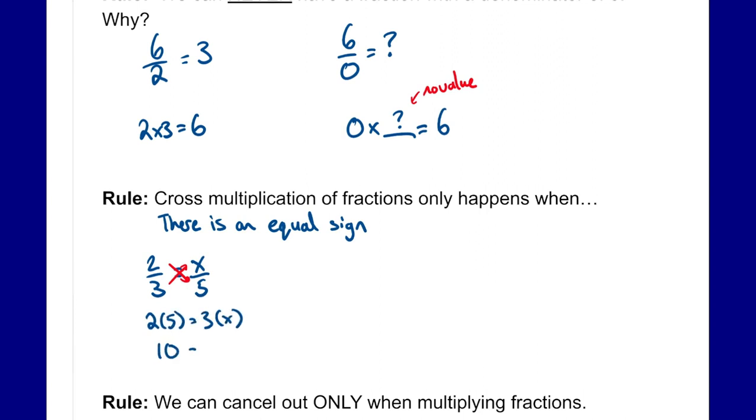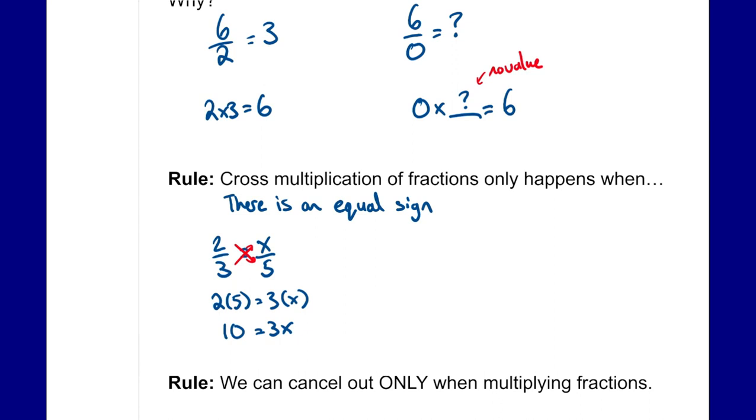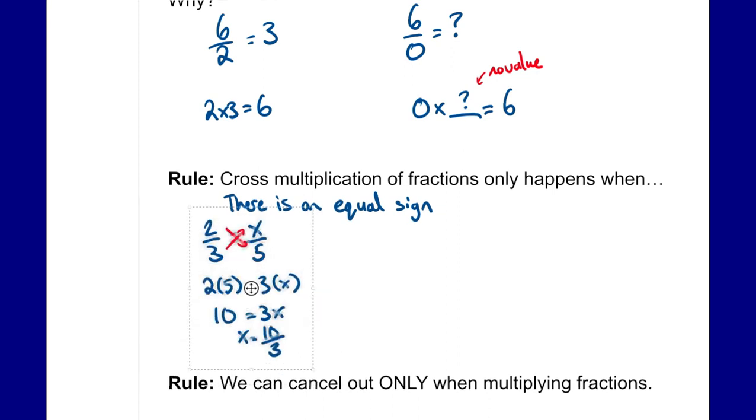We get 10 is equal to 3x, and I can solve for x, which is 10 over 3. So only when there's an equal sign can we cross multiply. We shouldn't be cross multiplying in any other scenarios.